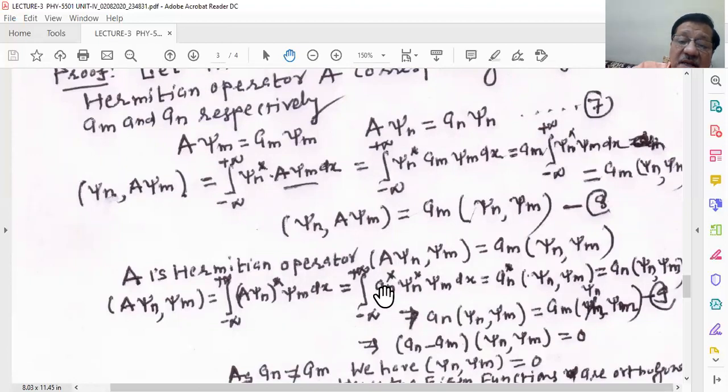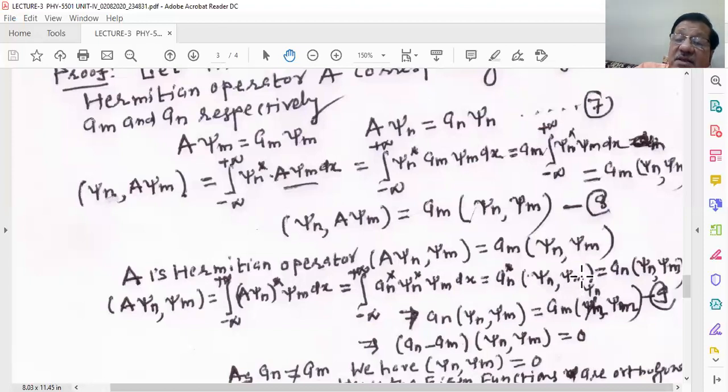This an* you can take outside the integration. What remains is the integral of ψn* ψm dx, which is simply an* times the scalar product of ψn with ψm.